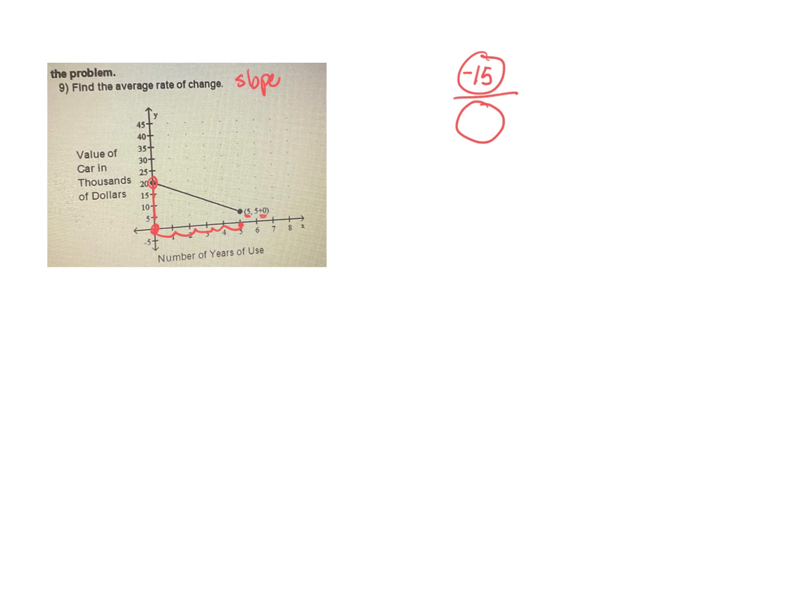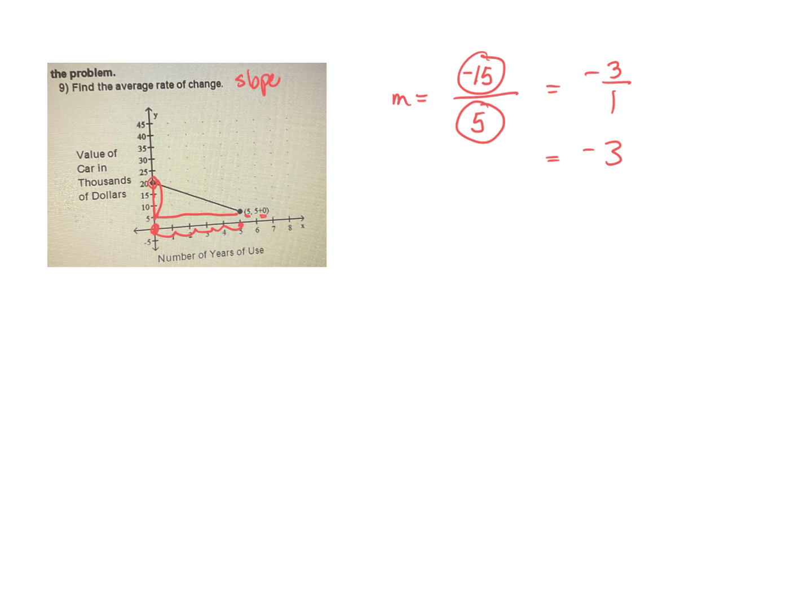Anyway, it falls 15 and it goes over 5. So the run would be 5. So there's my slope, or my average rate of change: it would fall 15 over 5. I could simplify that to -3 over 1, or I could just write it as -3.